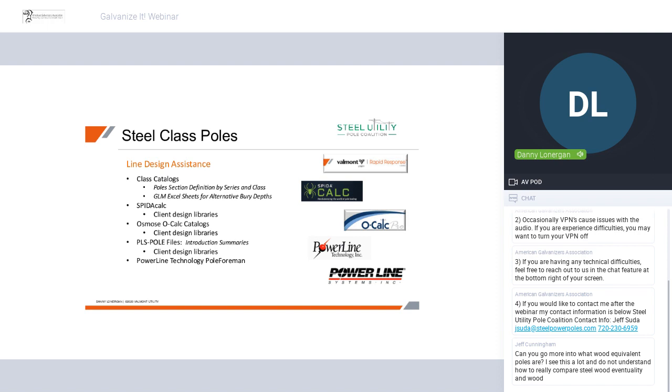So fast forward 15 years, PLS as a third-party software is very well utilized, very well accepted, both by utilities and by third-party engineering firms who are contracted by the utilities to do the work. In our space, if you will, fabrication, it's become a more acceptable design methodology. So all that being said, PLS has become more common and more utilized for many reasons.